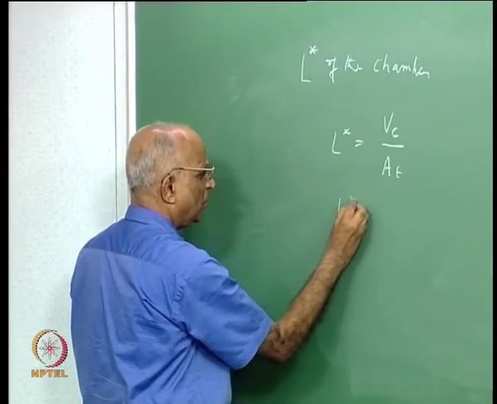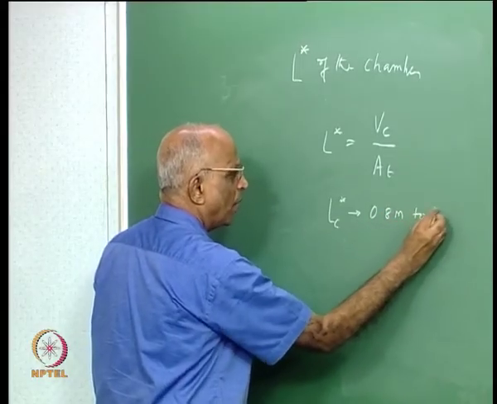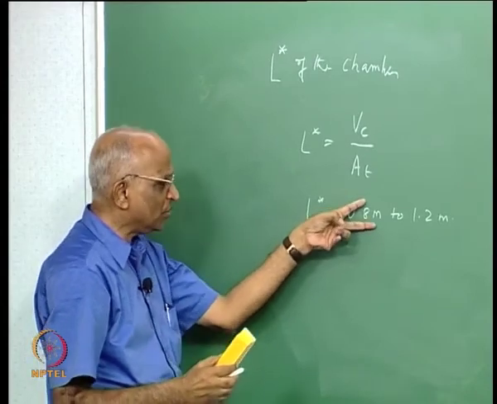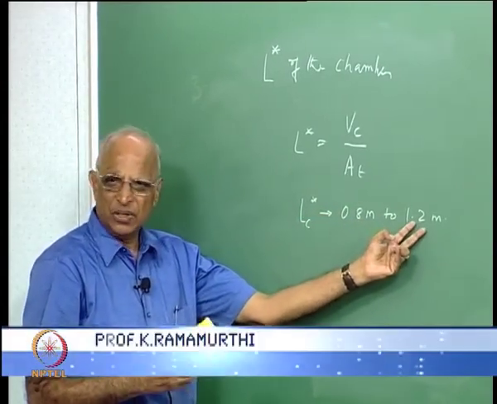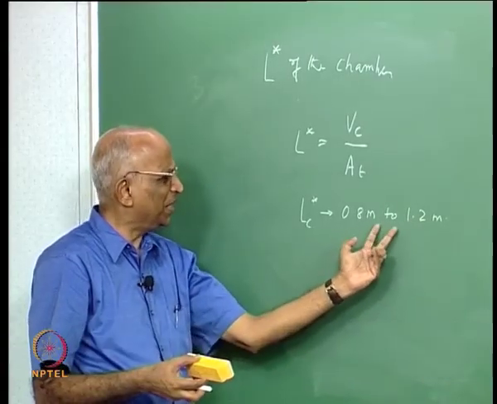Normally rockets are so designed that L star varies between 0.8 meters to 1.2 meters. 0.8 meters is for hydrogen oxygen, 1.2 is nearer to the things which are hypergolic, but I do not think this is a real thing.